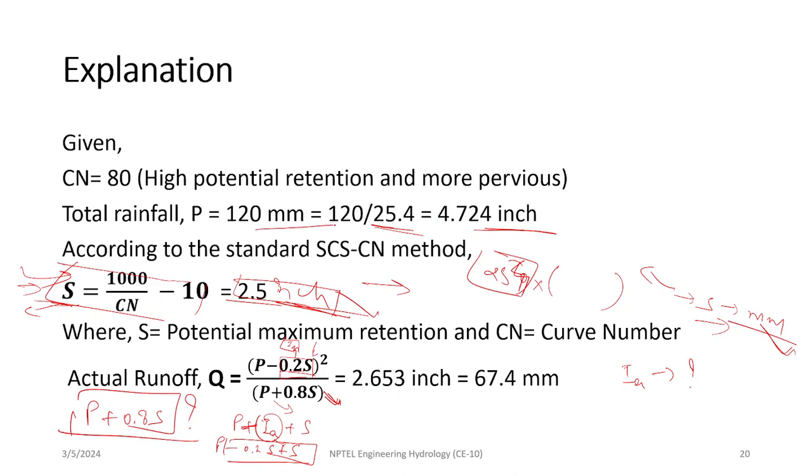Now the total rainfall we have is 120 mm, and you have to convert this into inches. So we divide by the factor 25.4, that is, multiply by 1 upon 25.4, and then we get the inch value.